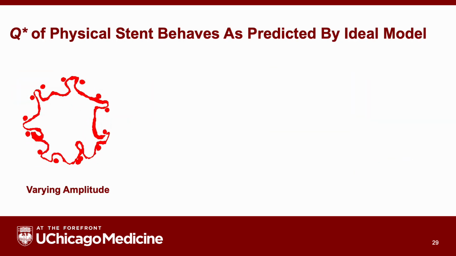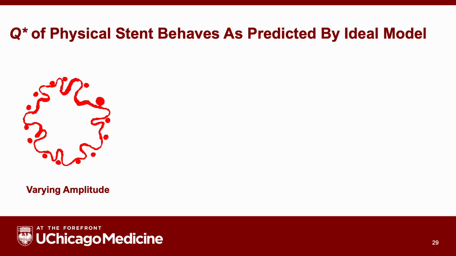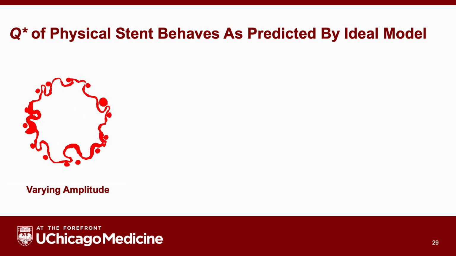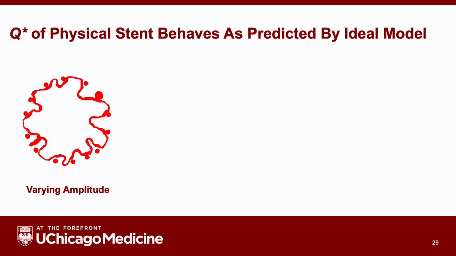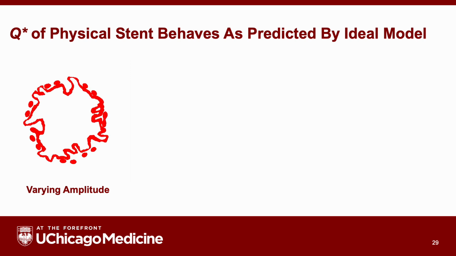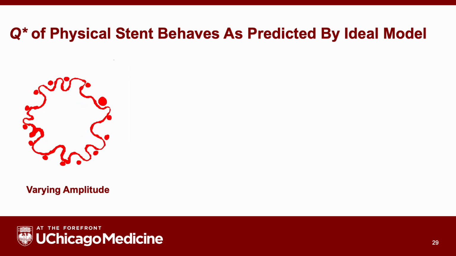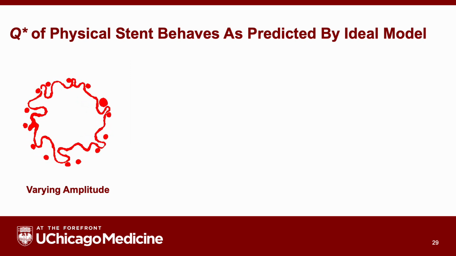For that, we went back and performed a very detailed CFD simulation using the actual corrugated pattern of the stent. The flow field is highly complex. However, we can accurately get an average of the amplitude and the corresponding flow.